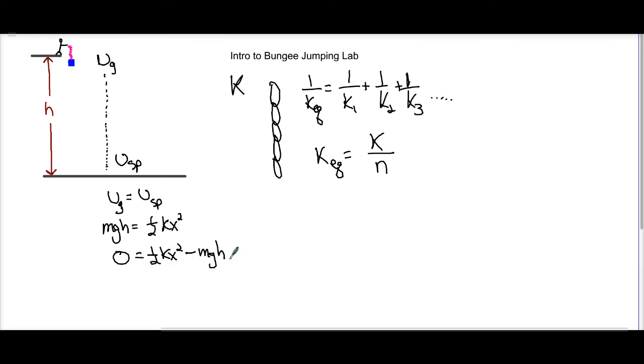And that should be the point right at the very bottom where the whole system, the weight, will get as close to the bottom as you can make it. So the starting potential is equal to the ending spring potential, so that we are left with 0, and that will be where we bottom out.